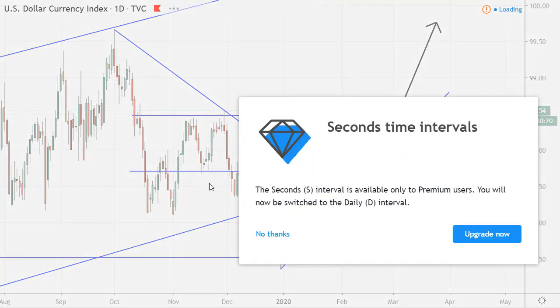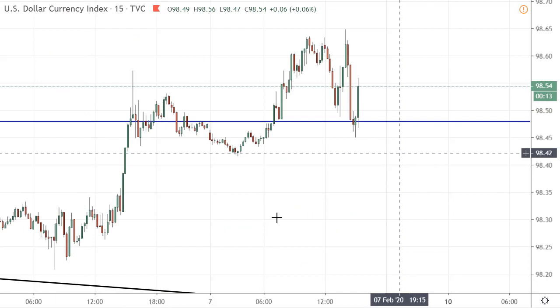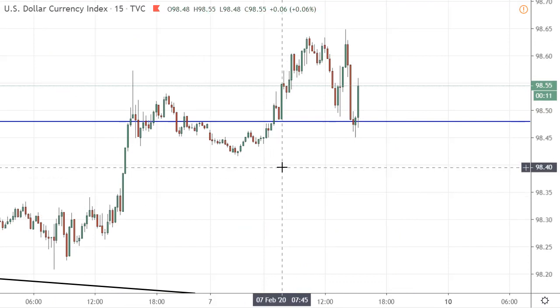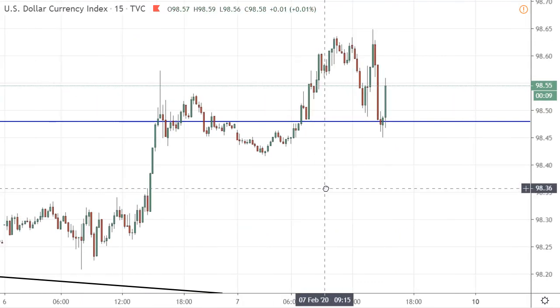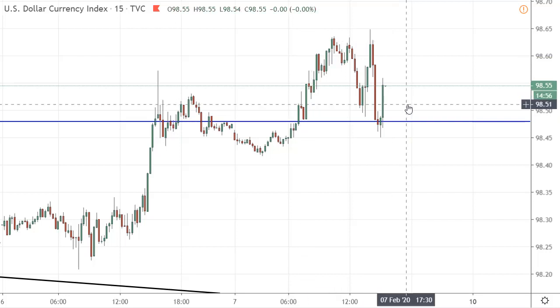Okay, this is a little bit too small of a time frame. 15 minutes is enough. So yeah, we had that. It's quite neutral actually, because the unemployment change was a bit negative, but the non-farm payrolls were positive. So we had some choppiness around here.